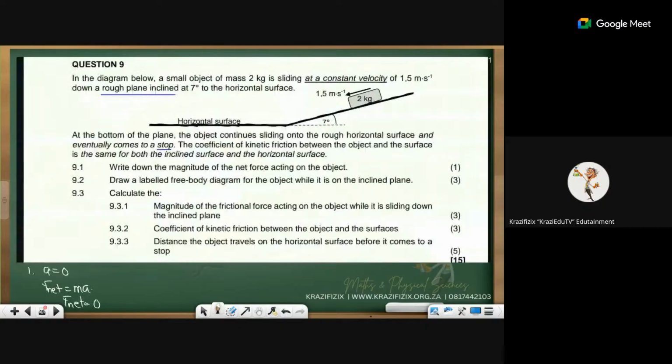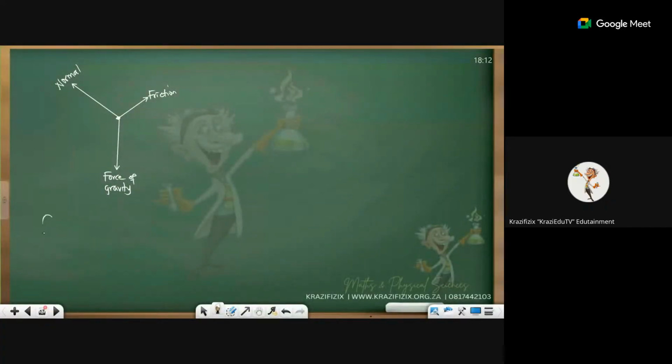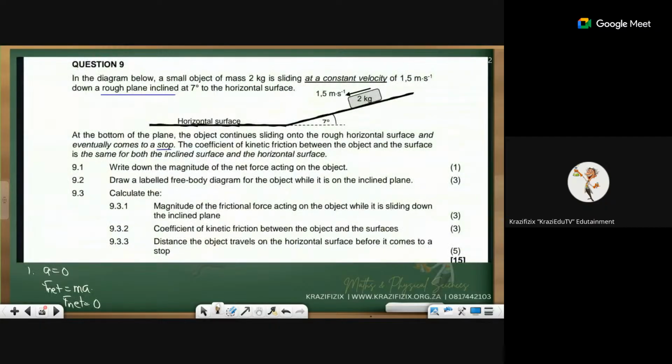Calculate the coefficient of kinetic friction between the object and the surfaces. What do we know? First, I always ask myself, what's the formula for friction? Fk equals to what? Mu Kn. Okay, but let's see something here. What do we have? Do we have friction? But the friction would be equal to the parallel.